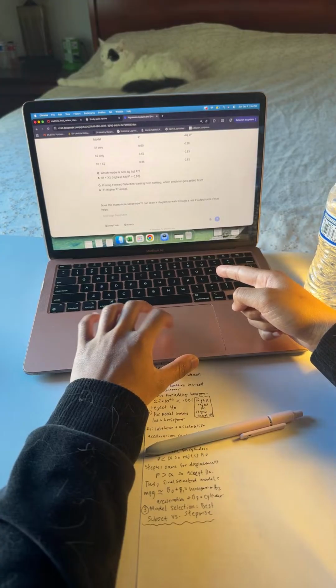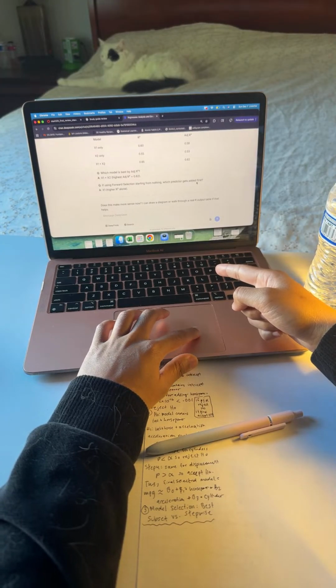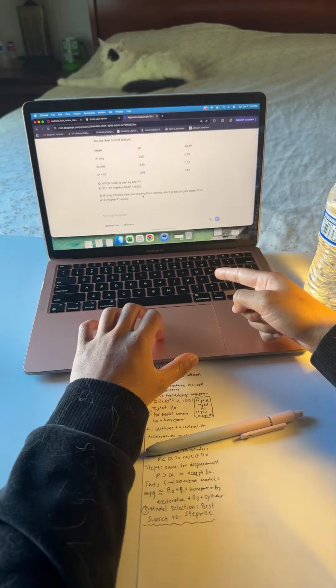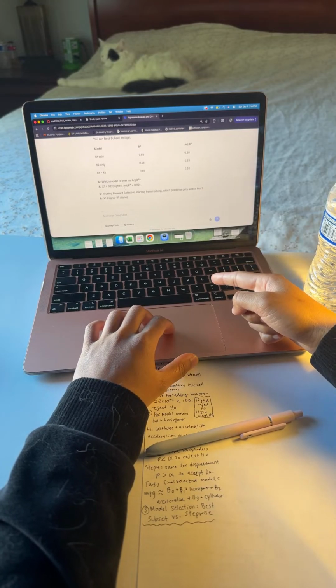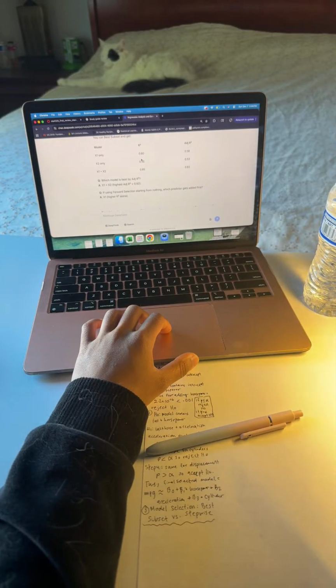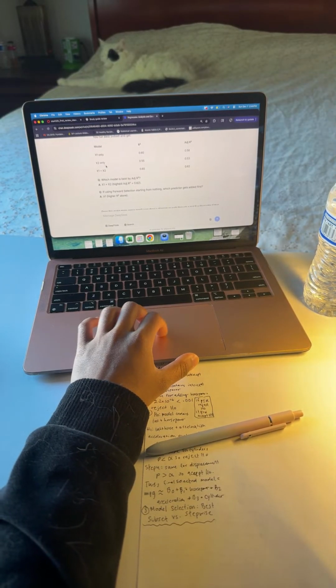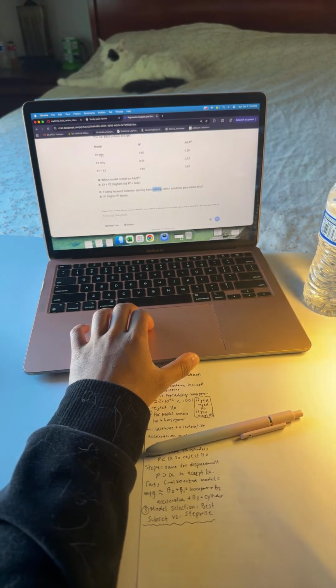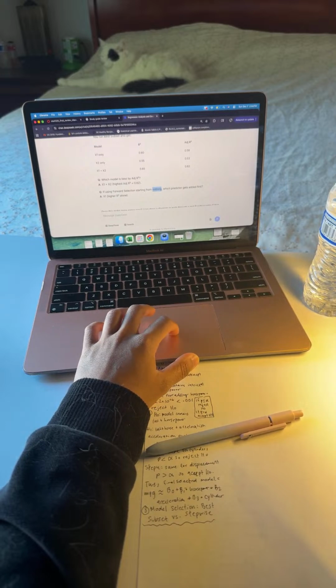If using forward selection starts from nothing, which predictor gets added first? X1 only. Higher R squared than... Well, I'm just saying x1 only if it starts from nothing, because that's what comes first.